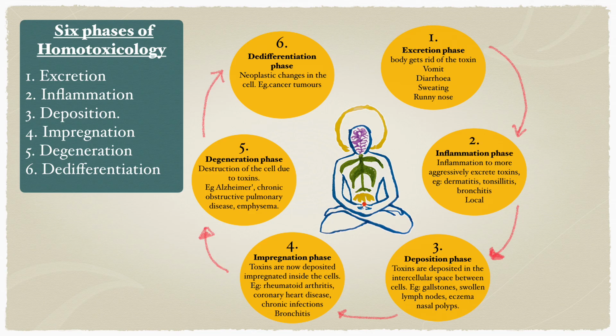Second, inflammation. Third is deposition. Fourth, impregnation. Fifth, degeneration. And 6, de-differentiation, and I'm probably pronouncing that pretty badly. But anyway, we're going to go into some depth in the next few slides.